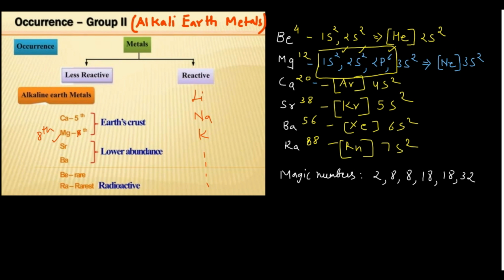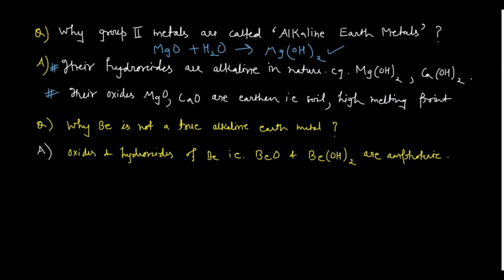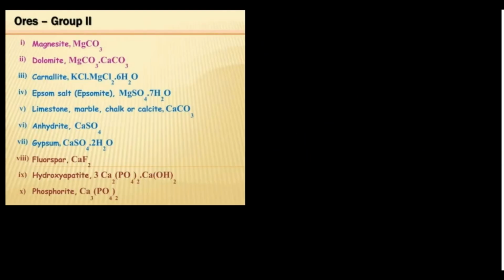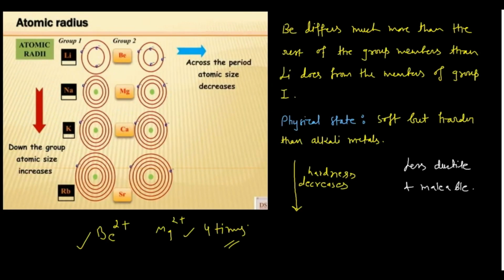So in case of the alkali metals, your metallic bonding is weak because only 1 electron was there, while in case of the alkaline earth metals 2 electrons are there in the s orbital, so their metallic bonding is comparatively stronger than the alkali metals. That's why they are hard when compared to the alkali metals, but still they are soft compared with the remaining metals.